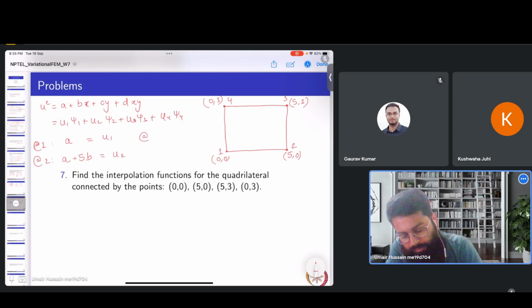Then at node 3 we have a plus, with both x and y, 5b plus 3c plus 15d equals u3. Then at node 4 we have a plus, oh, I have made a mistake here. It's not xy, it's d.